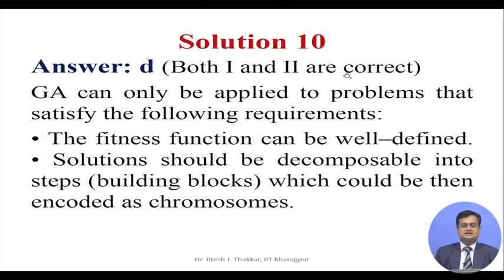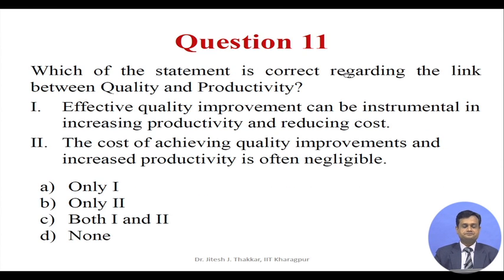The correct answer is D. GA can only be applied to problems, as you have learned during the lecture, that satisfy the following requirements. The fitness function can be well defined. Without this, you cannot look at the improvements. And second, solutions should be decomposable into steps which could be then encoded as chromosomes, which is the very basic mechanism of applying genetic algorithm.